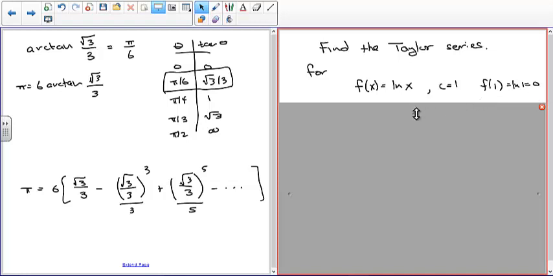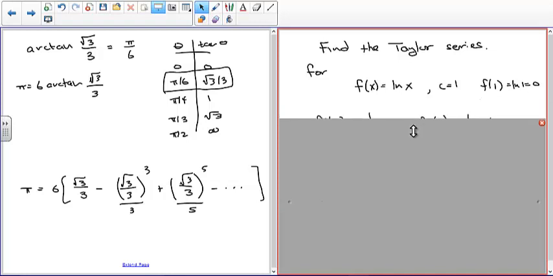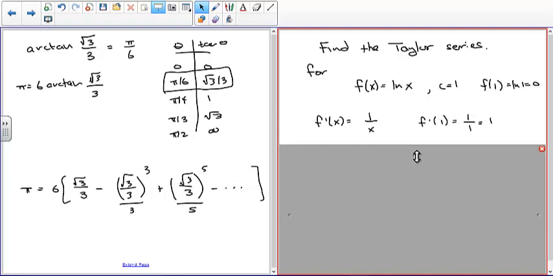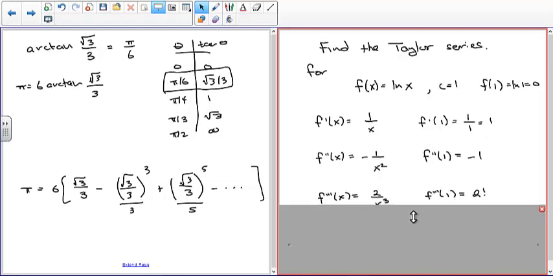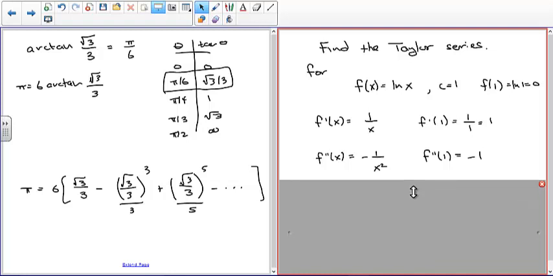So f of 1 is 0. And then you can take the first derivative, which is 1 over x. Evaluating the first derivative at x equals 1, you get 1 over 1, which is 1. What we're using these for is the coefficients that go in front of the various power terms that involve the power and the factorials.